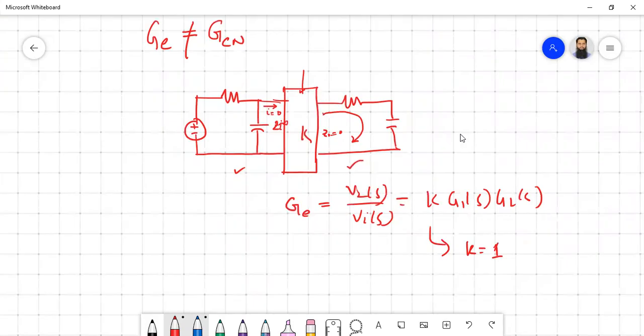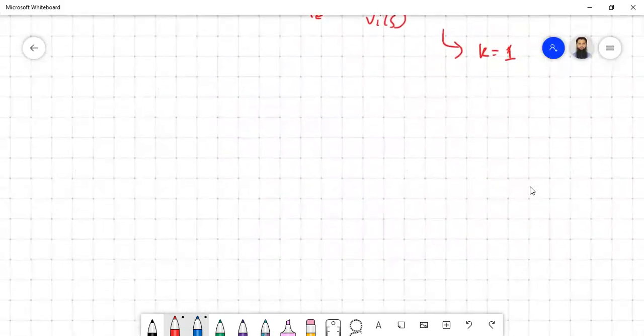But if you need some amplification of your signal, that is also possible through the value K. So while you are applying this cascading formula, you always have to keep in mind that one branch should not be loading the other branch, otherwise this cascading cannot be applied. Okay, so this is the form 1, cascade form, that we discussed.